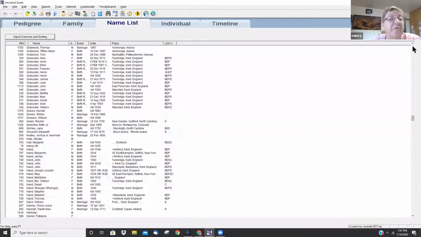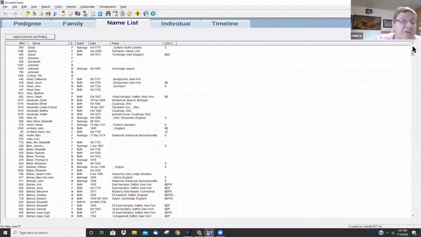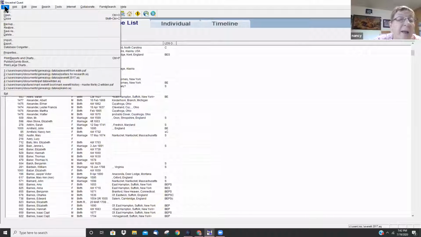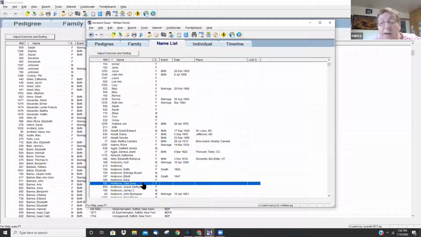If I go to Anderson, I'm just going to go look and see if I have any Andersons. And I don't. You know what? I'm going to try opening a different one. That's my Everett file. I'm going to open up my Wilden file. Okay, now I'm going to look for Andersons, and look who I found.